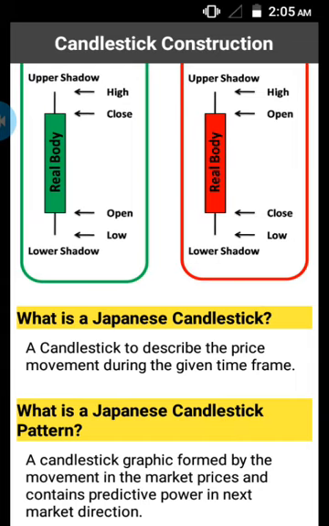On my screen, on your right side, you can see the red candlestick, and on the left there is a green candlestick. Now let us start with the red candlestick. It is called a bearish candlestick. This is a selling candlestick.